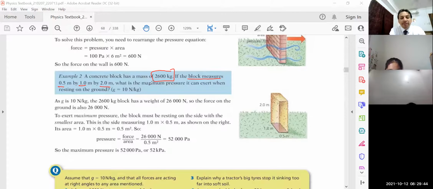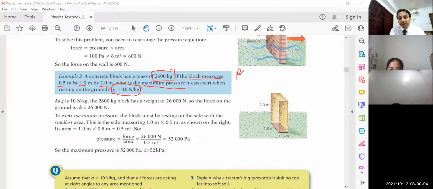What is the maximum pressure it can exert when resting on the ground? You can take the value of gravitational field strength g as 10 Newton per kilogram. Okay, this information is given. I need to calculate maximum pressure.